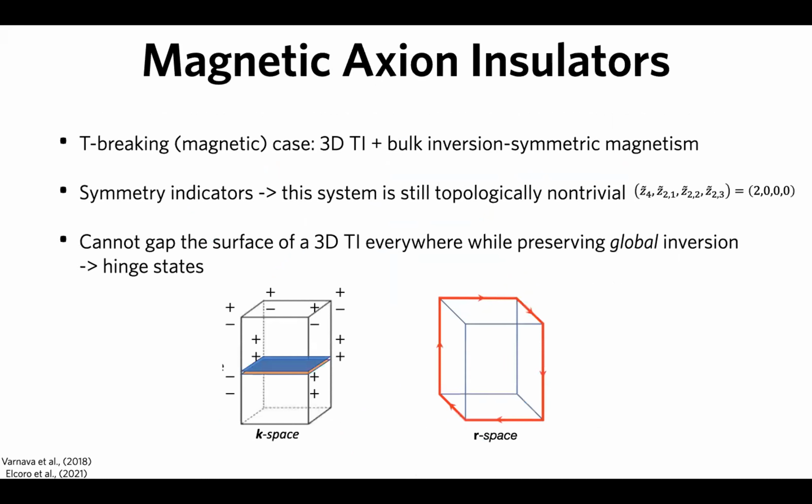So we can tell that this system, where I have an antiferromagnetic topological insulator, is topologically non-trivial by computing symmetry indicators. We look at the occupied band inversion eigenvalues and count how many minuses we have. The hinge states, though, can be gapped out by breaking inversion symmetry on the surface.